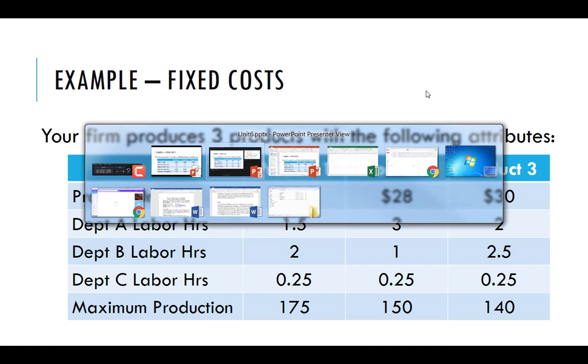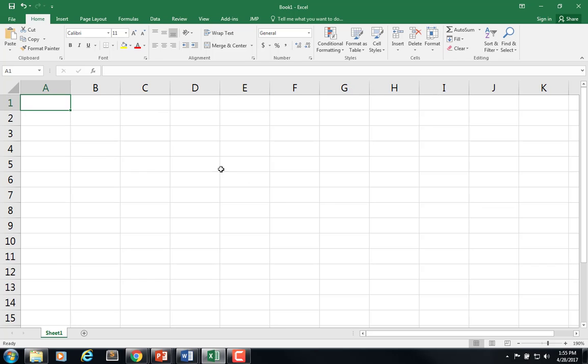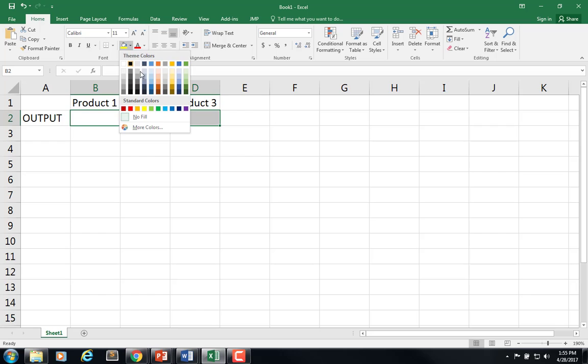Let's see if I can find my Excel sheet. Here we go. So again, we're going to have our output down here in row 2. Here we have product 1, product 2, product 3. So this is my output. Make it my pretty blue color I like.